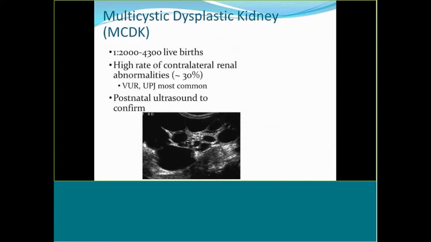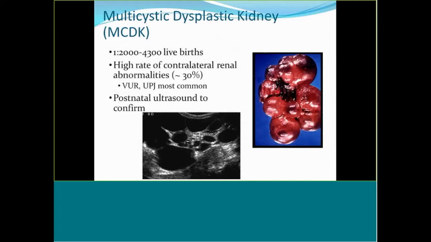So the multicystic dysplastic kidney that I mentioned earlier, we see in about, on average, 1 in 2,000 to 1 in 4,000 live births. Again, high rate of contralateral renal abnormalities, with vesicoureteral reflux and ureteropelvic junction abnormalities being the most common. And you want to do a postnatal ultrasound to confirm.